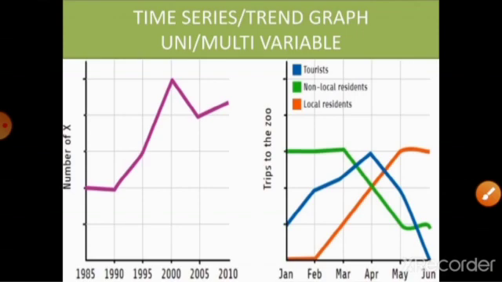The next one is the time series or trend graph, univariate or multivariable. How can we get the time series? Time series is also called an arithmetic line graph. Mostly in this line graph, years, weeks, dates or months will be given. It helps us to compare two variables, such as exports or imports.